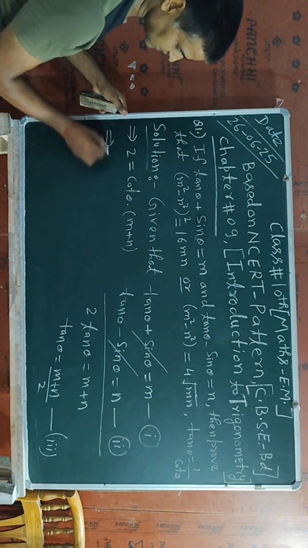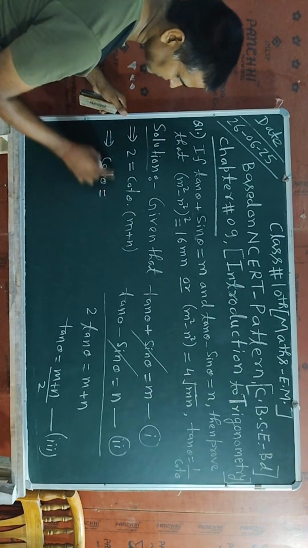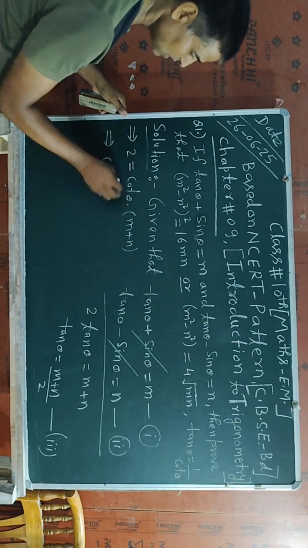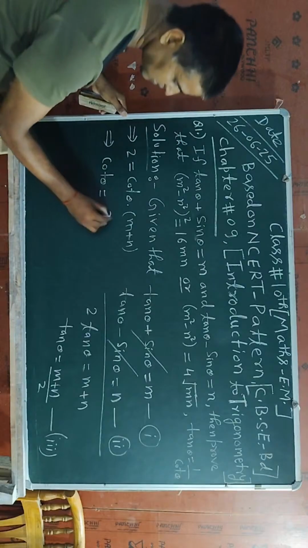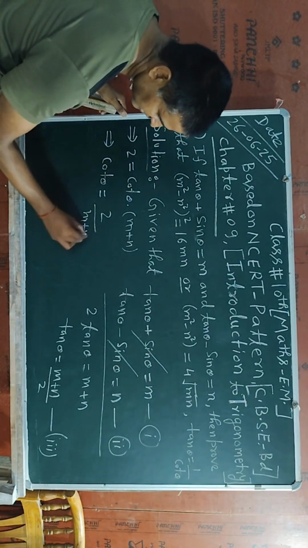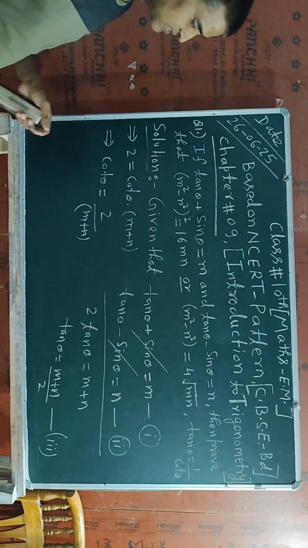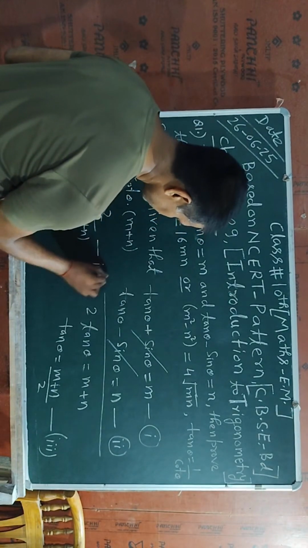After simplification, cos theta is equal to 2 divided by m plus n, because the m plus n is multiplied with cos theta. So this is the required information, and this information I have to use. I will say this is equation number 4.